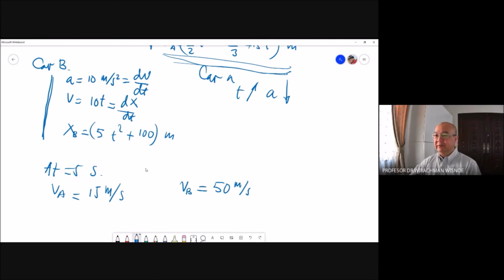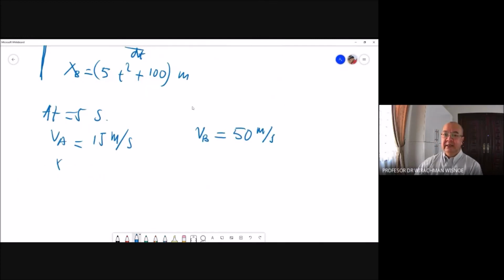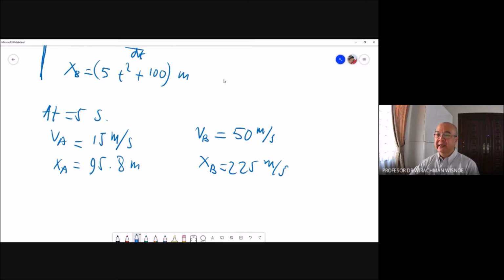You see, VB after 5 seconds, VB is much faster than VA. XA equals 95.8 meters. You just put 5 seconds in the equation, and XB equals 225 meters, much further away from point A.